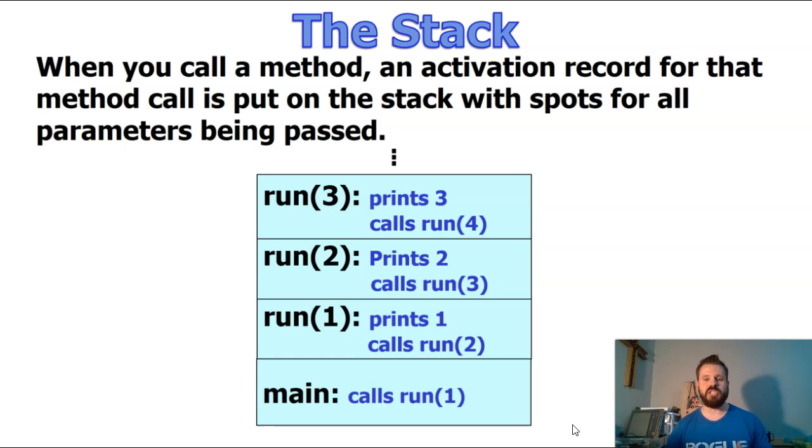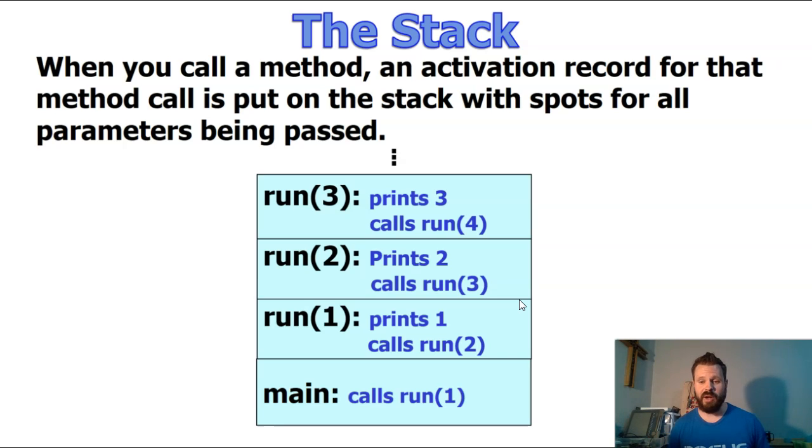What's going to happen is Java is eventually going to run out of memory for storing all these different method calls. Run 1, for example, when I call that, it never quits running. It always stays there because as run 2 runs, run 1 is still running, and as run 2 is still running, run 3 is still running. So these build up on and on forever.